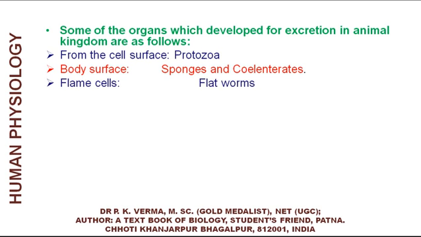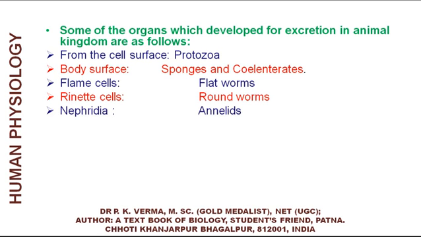However, in flatworms, flame cells are formed and in roundworms, renette cells are formed. In roundworms, 3 or 4 renette cells join together, become a syncytium and form an H-shaped excretory system.